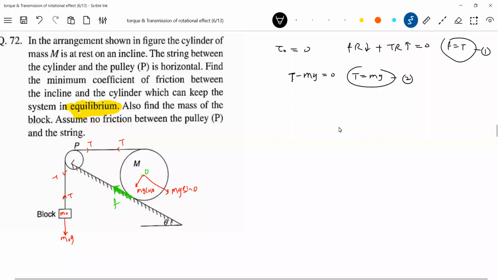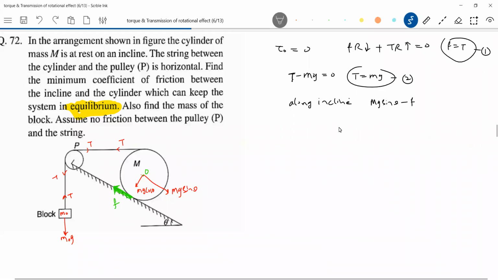Along the incline on the cylinder: mg sine theta minus F. Any other forces along the incline? Component of tension, T cos theta, should be equal to 0.